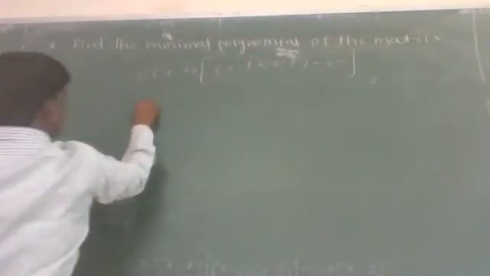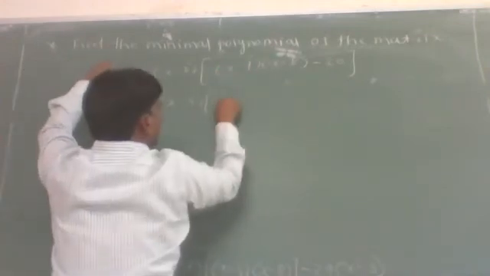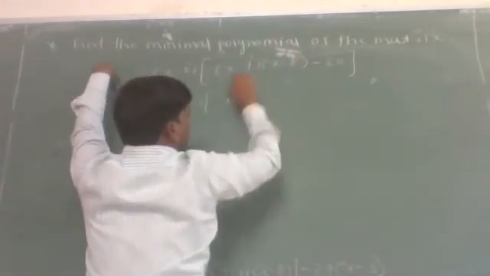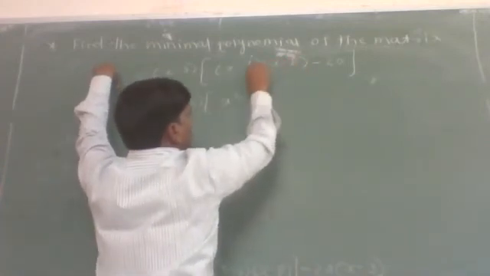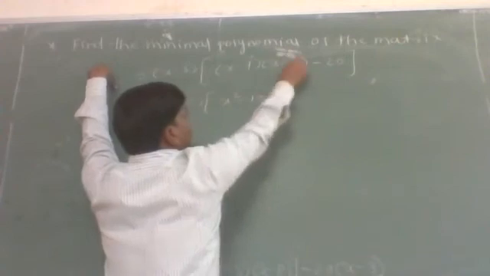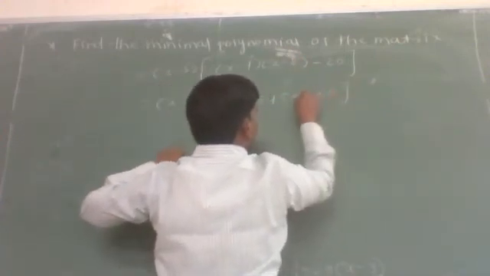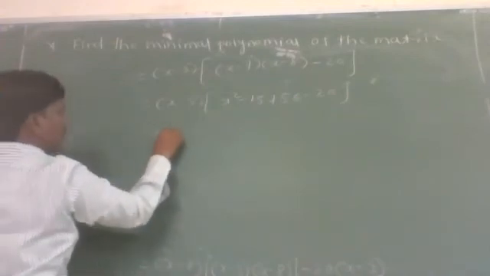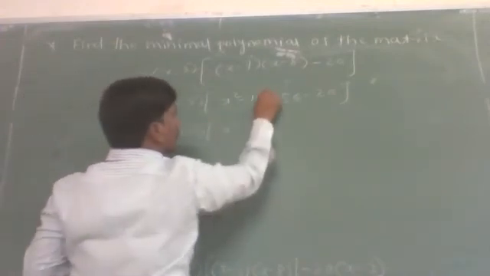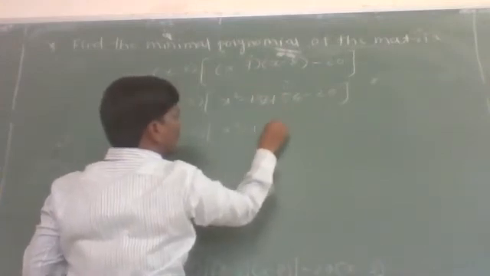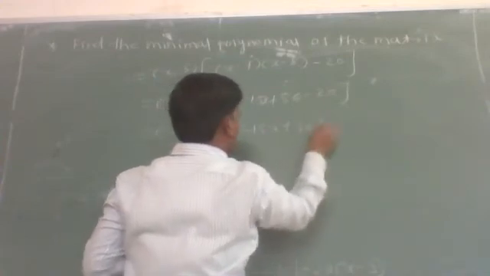Which is nothing but x minus 3 into x square minus 7x minus 8x minus 7 minus 8, that is minus 15x, plus 56 minus 20, plus 36.